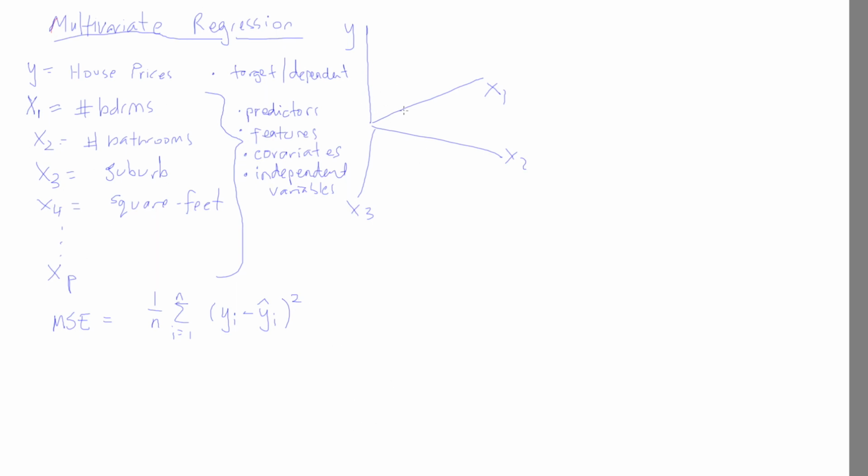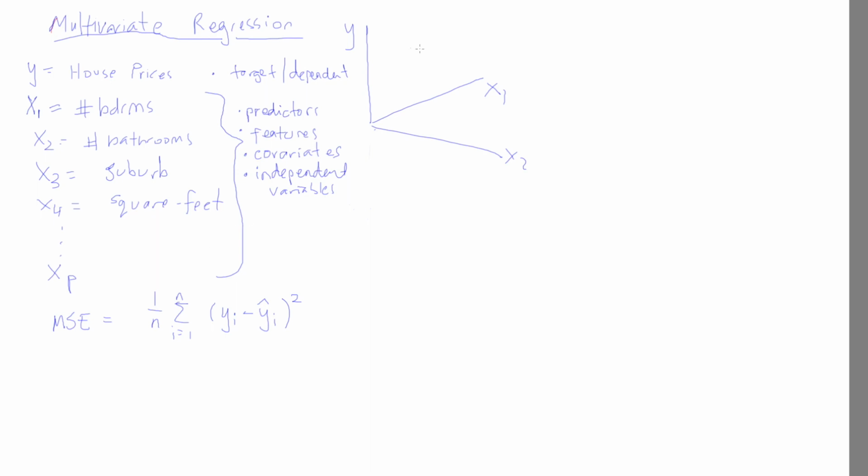If you just imagine in 3 dimensions, let me get rid of this x3. Imagine I had just two features and one y. What does my regression line look like? It's not going to be a line, it's going to be a plane.